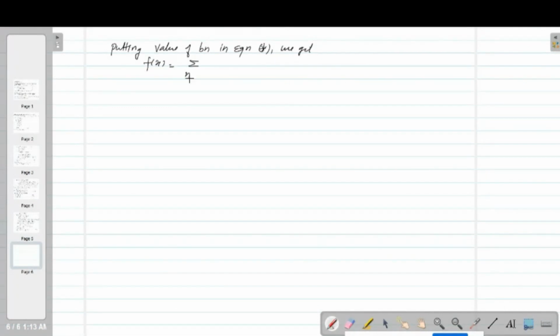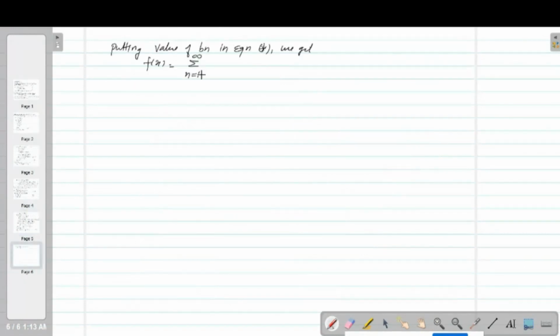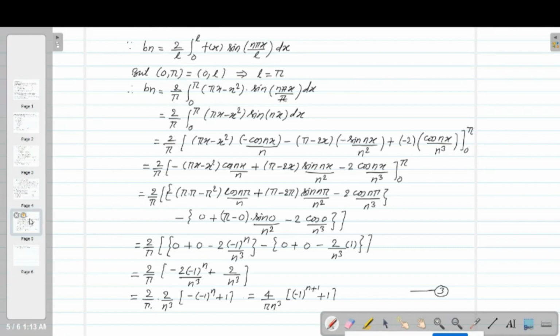Summation running from n equal to 1 to infinity bn. What is the bn? 4 by pi n cubed, and minus 1 raised to n plus 1, n plus 1. Okay, and sine n pi x by l is what? Your l is pi.